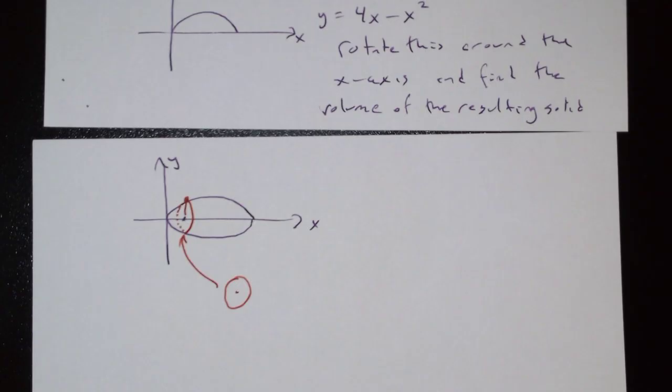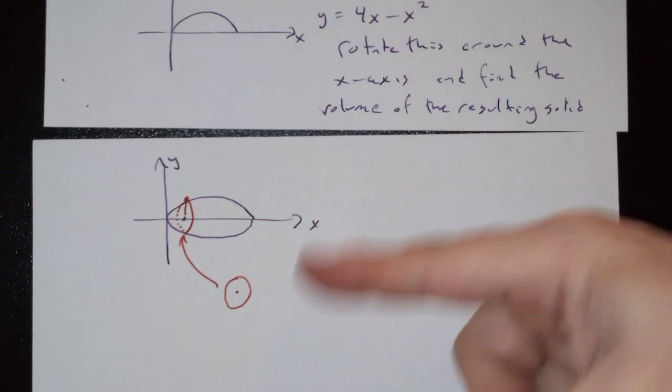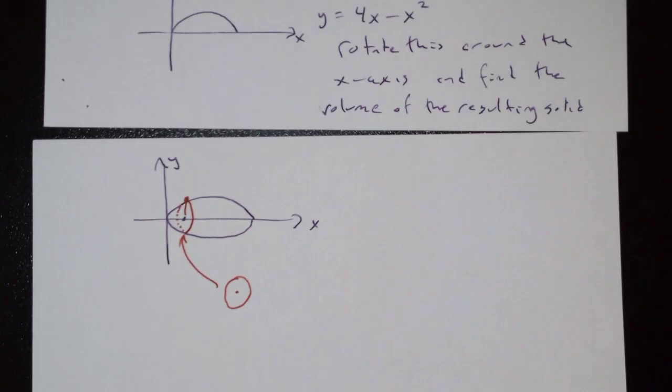So what's that dot? It's the x-axis. That's right here. Okay, if that's the x-axis, where's this little stick?